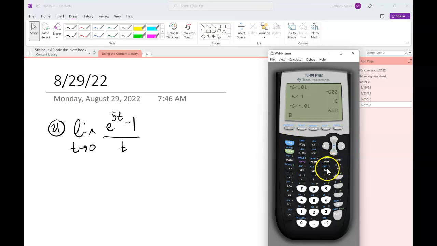And then I'm going to go for vars, y vars, function y1. And then I'm going to do the left-hand bound first. So that's negative 0.5. And then negative 0.1. And then negative 0.01.